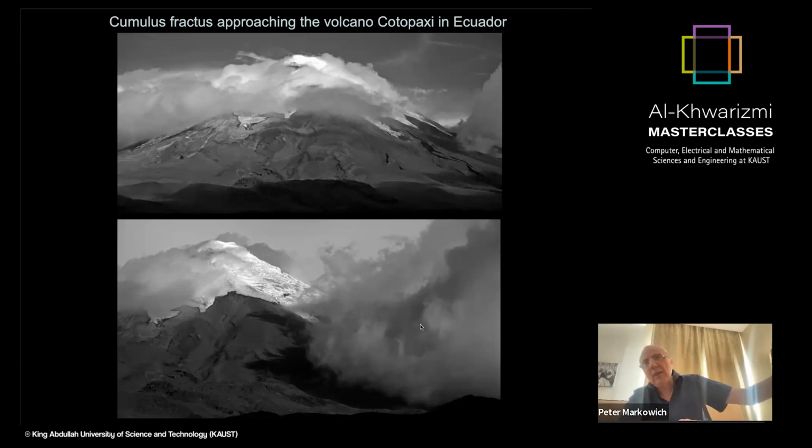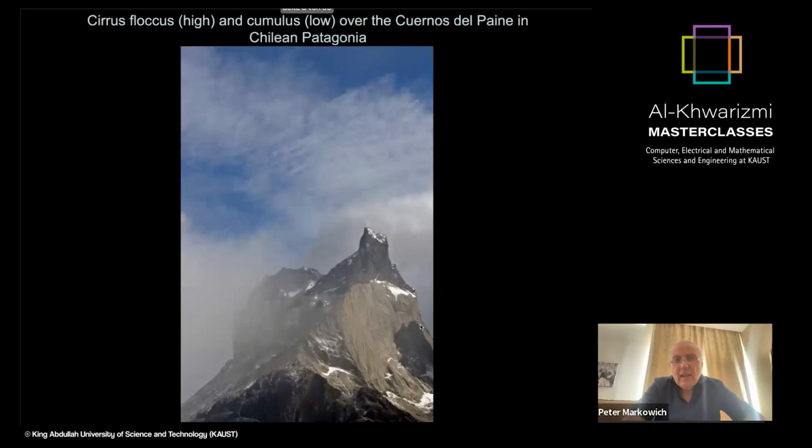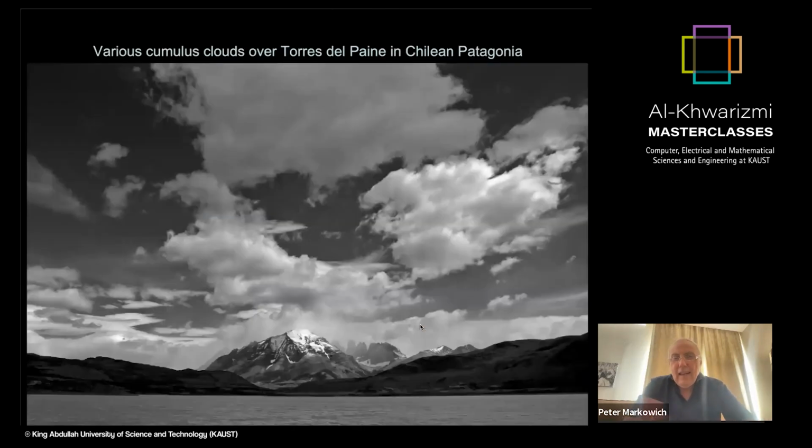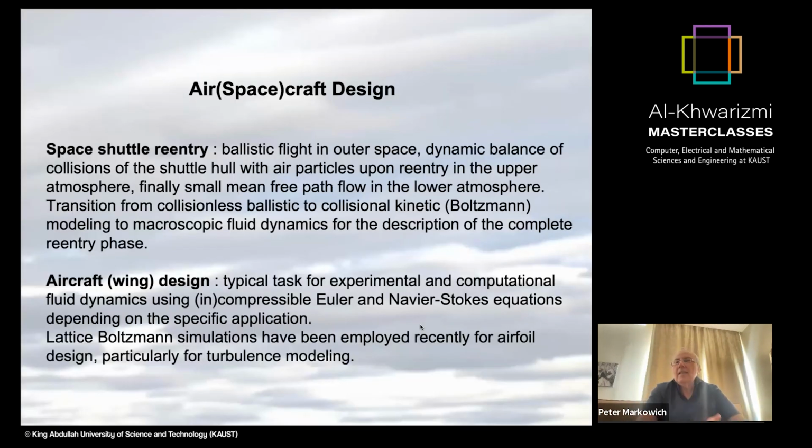After 5 minutes, the cloud basically covered the mountain. Here you see another picture of very different clouds, cirrus floccus and cumulus clouds over the Cuernos del Paine in Patagonia. Another cloud formation over the Torres del Paine in Patagonia. And that's basically what you can do with the Boltzmann equation.